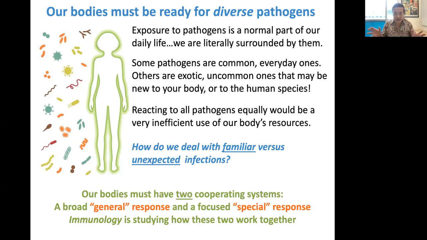So things like COVID-19, SARS-CoV-2, is an example of something that our species has previously not had to deal with. I mean, we've dealt with different variations of coronaviruses, but this particular one that's causing this global pandemic right now that we're all affected by and suffering under is something new to the human species.